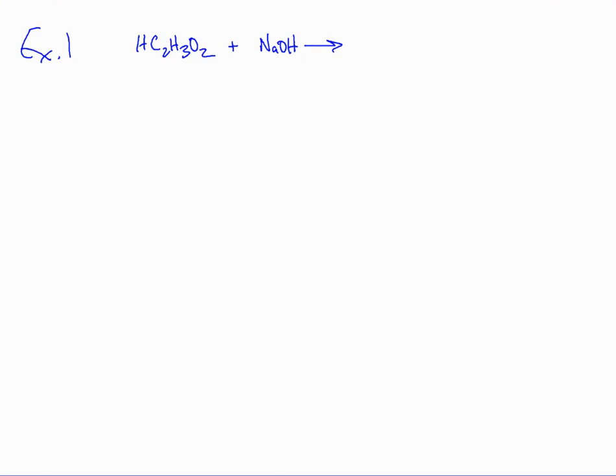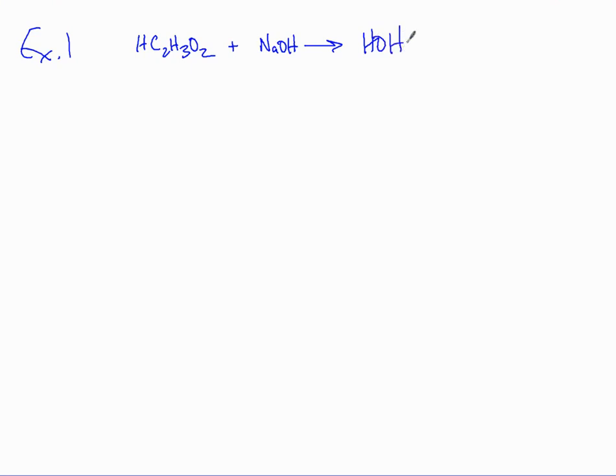So there's going to be 2 products here. Easy enough to predict. This is just a basic double replacement type reaction. Your hydrogen here is going to react with your hydroxide here. And you end up with hydrogen hydroxide, right?